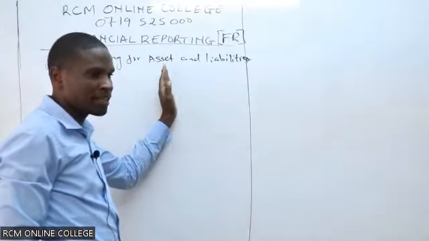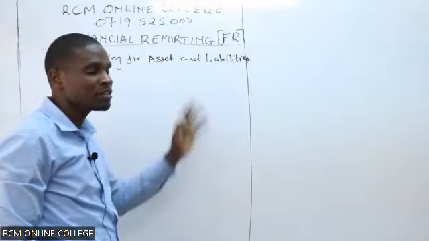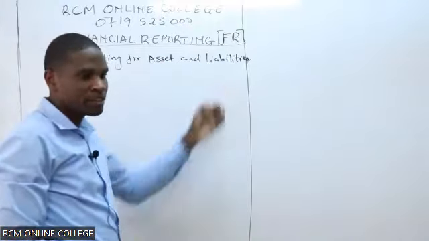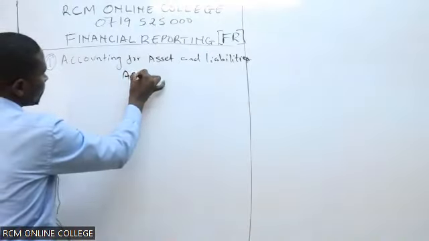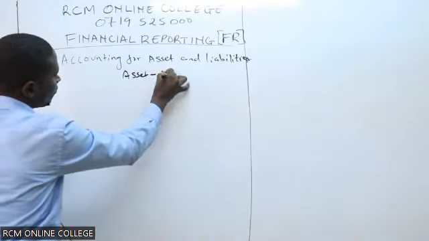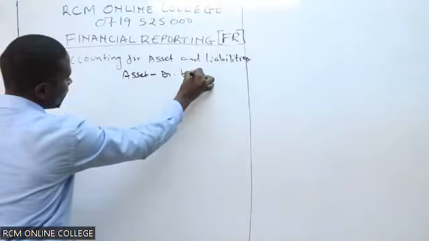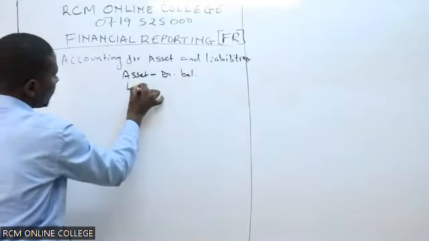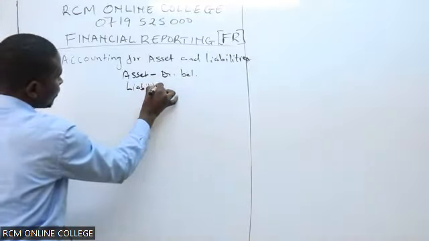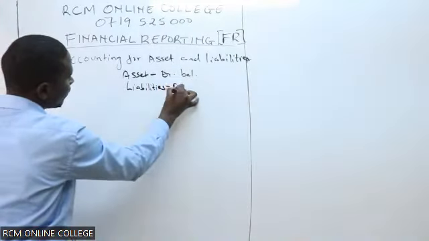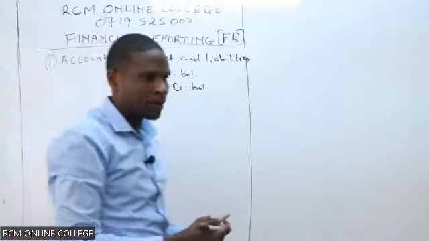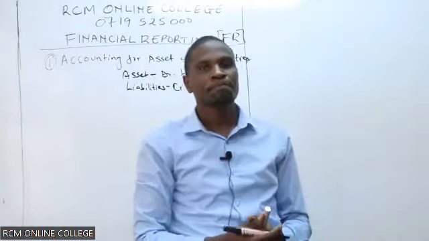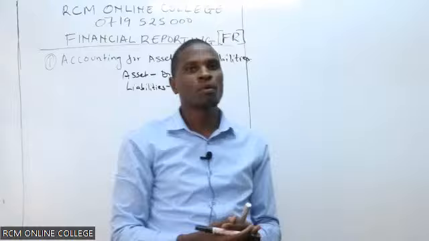If we talk of assets, all assets have a debit balance. And if we talk of liabilities, all liabilities have a credit balance. That is topic number 1.